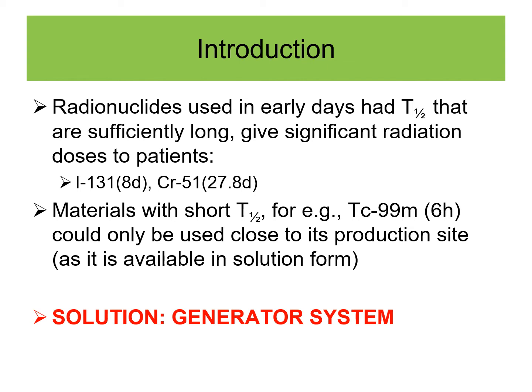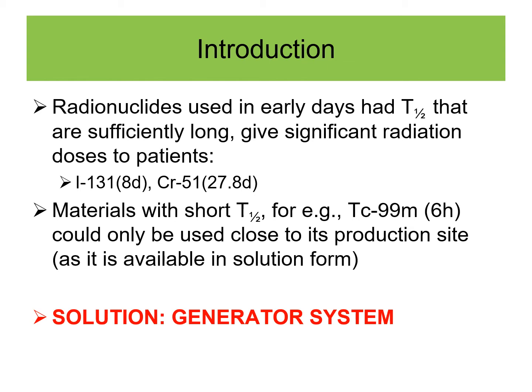When technetium-99m was made available, its use then was limited to nuclear medicine centers that are in close proximity to the production sites, which were the nuclear reactors supplying the centers with Tc-99m. It was then available in solution form, ready-to-use Tc-99m sodium pertechnetate solution, where the half-life is a limitation.